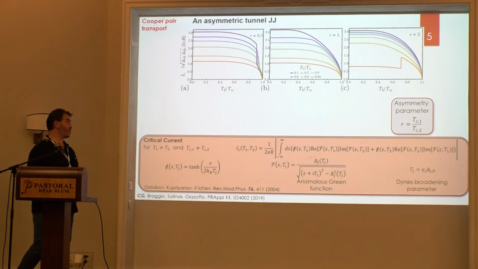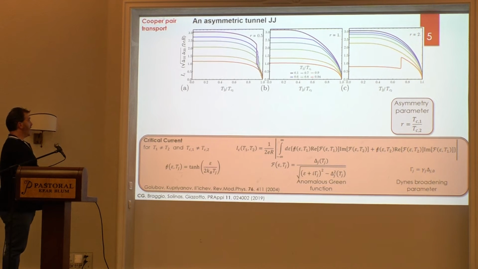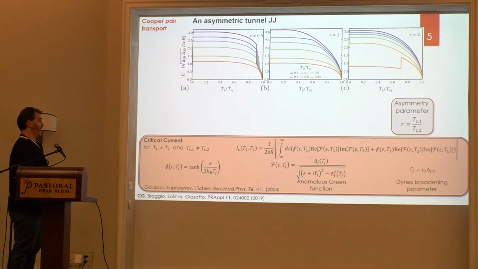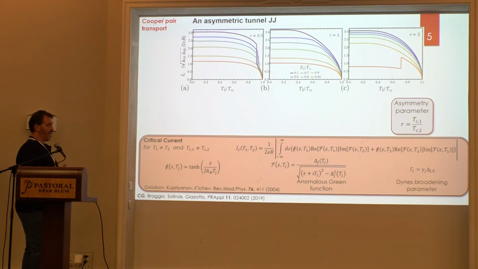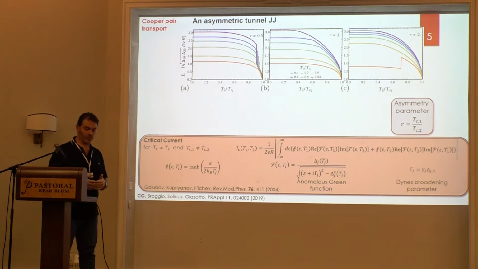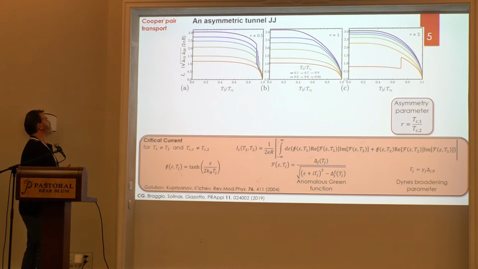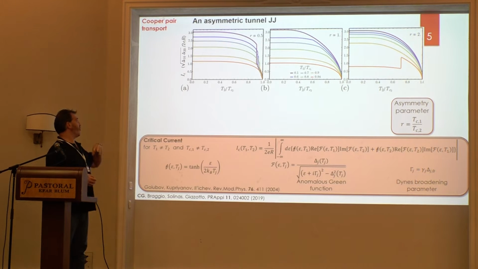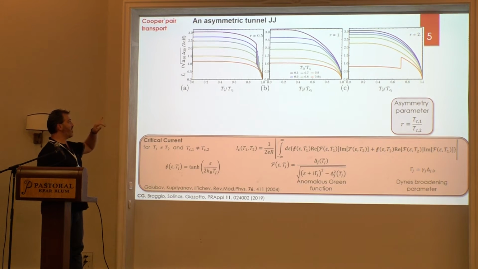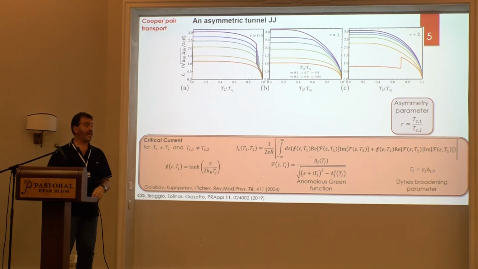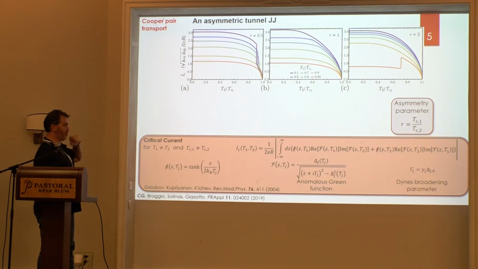But when we change the asymmetry parameter, that is, we are unbalancing the two critical temperatures, something peculiar occurs. In fact, you can see that, for instance, starting from the case in which R is less than 1, we have a jump here at a very high temperature, we can say. A jump in which the critical current reduces.